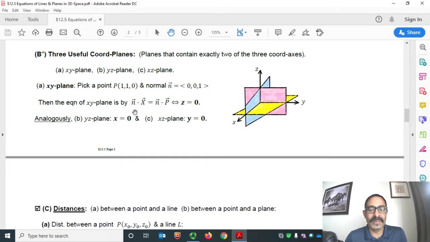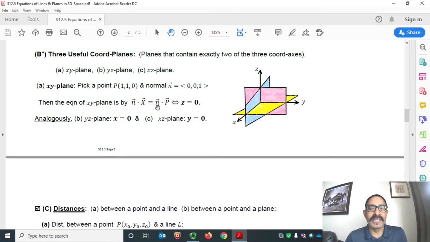Then the equation of the xy plane by the vector equation is n dot x equals n dot p, where n is given, x has components x, y, z, and p is the position vector of this given point.